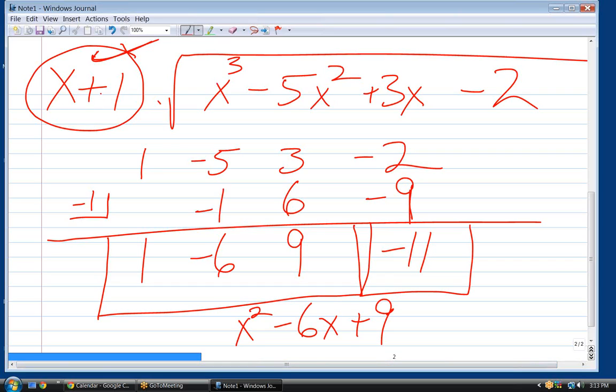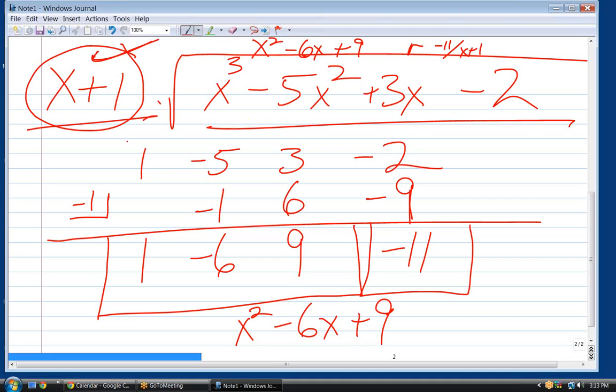So if I divide x plus 1 into this, I'm going to get x squared minus 6x plus 9 with a remainder of -11, which means -11 divided by x plus 1. So that would technically be my answer. When I divide that cubic by that linear factor, I get that. All right, you got another one?